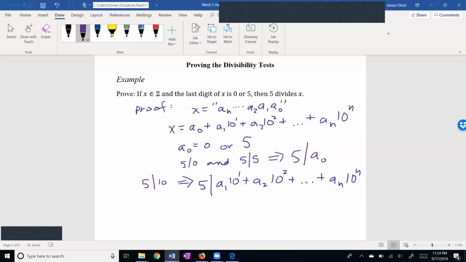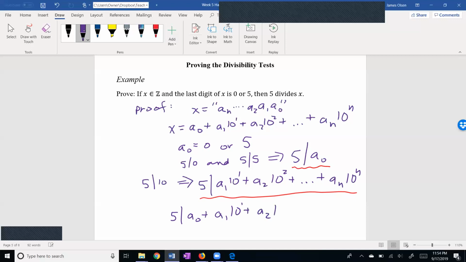But now I'm going to combine two statements, and we're going to be using our linear combination theorem again, which we use over and over in this course. I'm going to be combining that statement and this statement, and I'm going to be doing a very simple linear combination of these. 5 divides a0 plus this.